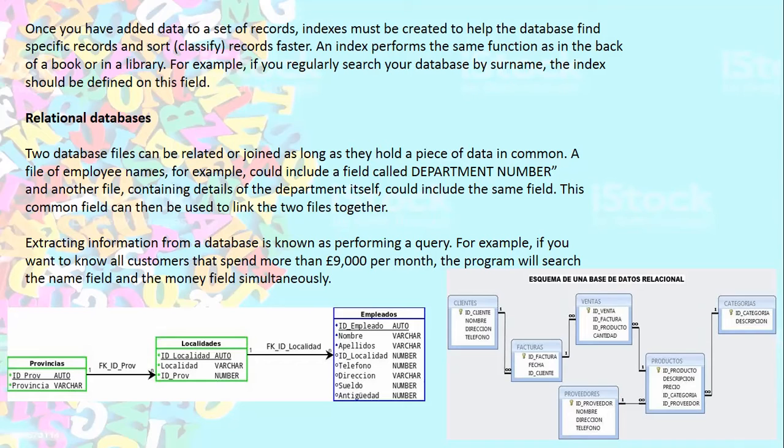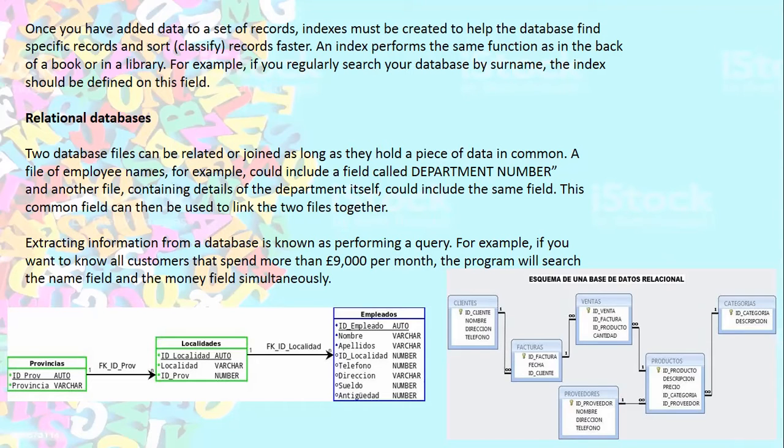A file of employee names, for example, could include a field called department number, and another file containing details of the department itself could include the same field. This common field can then be used to link the two files together.